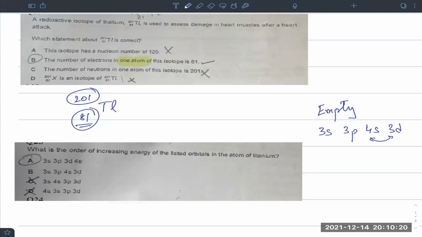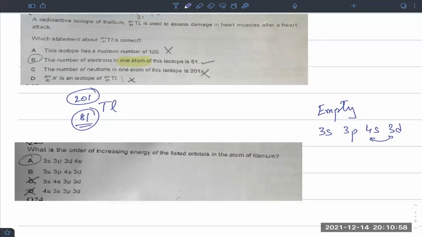Does the d subshell have to be completely filled, or just any 1 or 2 electrons? No. Any one electron bringing in there lowers the energy. So when they're empty, it should be B, 3s, 3p, 4s, 3d. But when they're filled up, then 3d has lower energy.